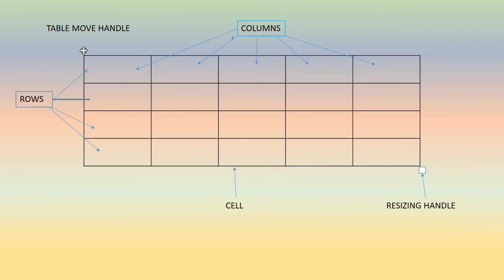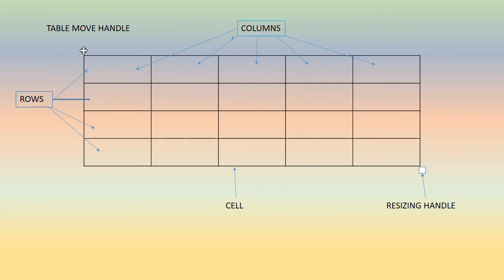So these are the various parts of table which I explained you earlier. Number 1 is rows, number 2 columns, number 3 cell, number 4 table move handle, number 5 resizing handle, and last one is cursor. Cursor will blink in any cell. Which cell will be active means which cell is ready to enter the information.